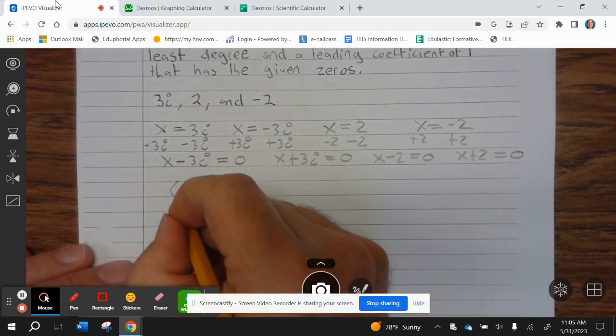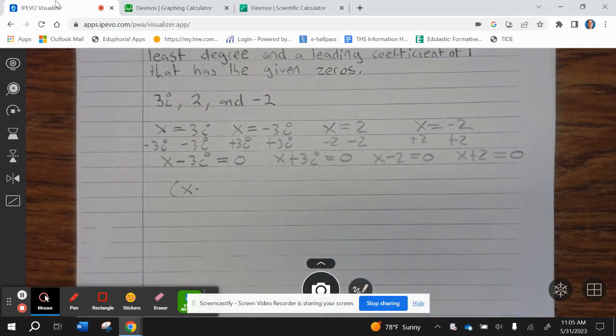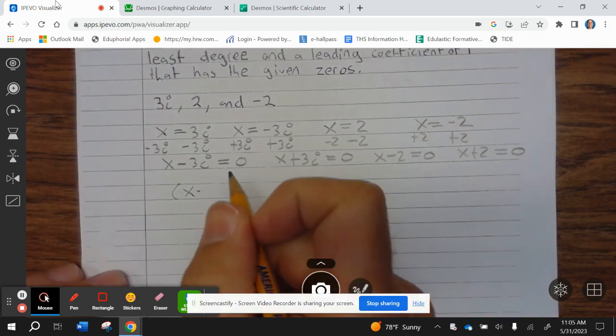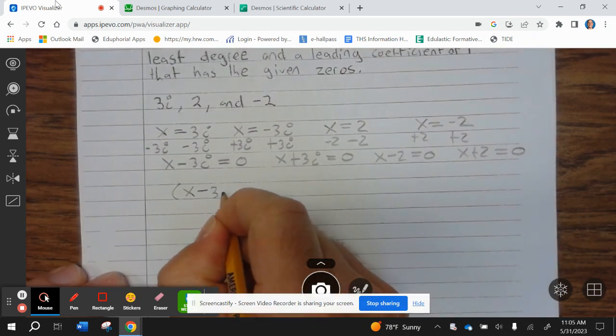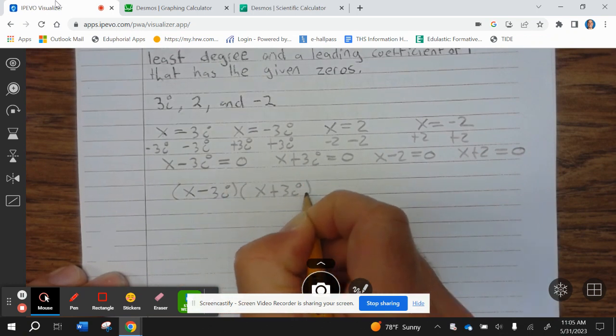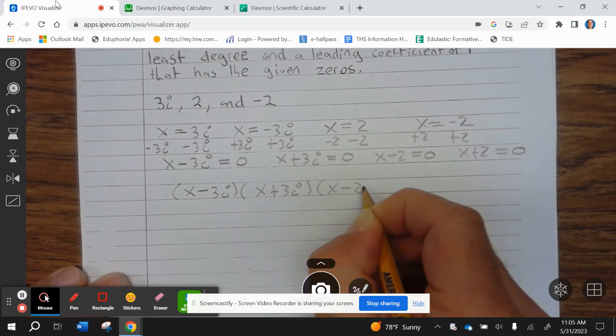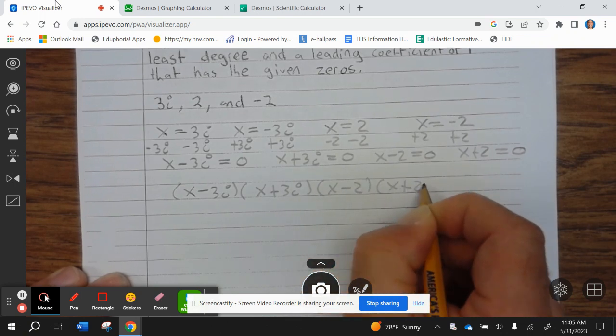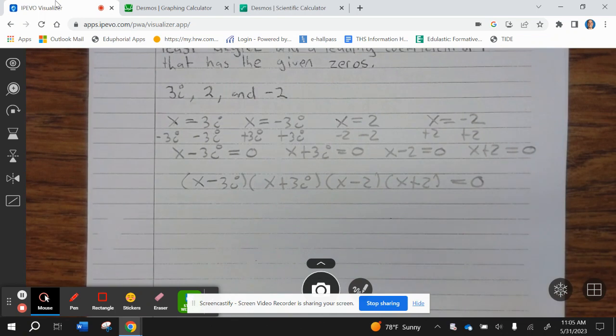So now we have x minus 3i times x plus 3i times x minus 2 times x plus 2 equal to 0.